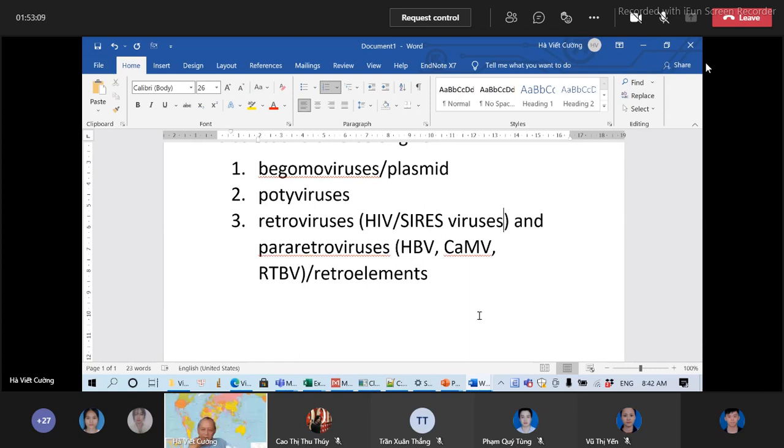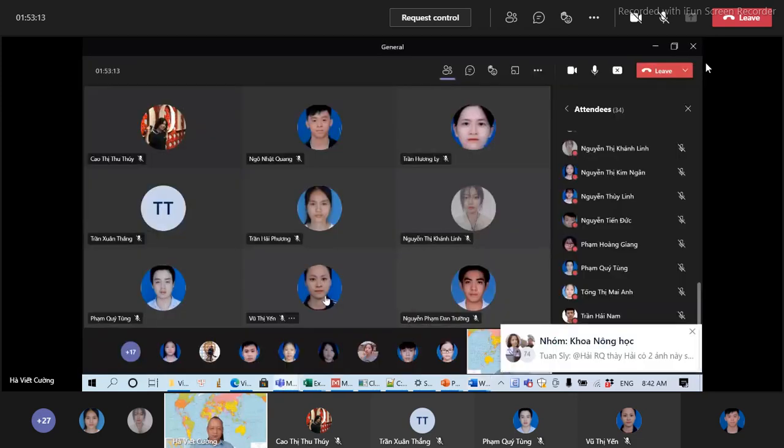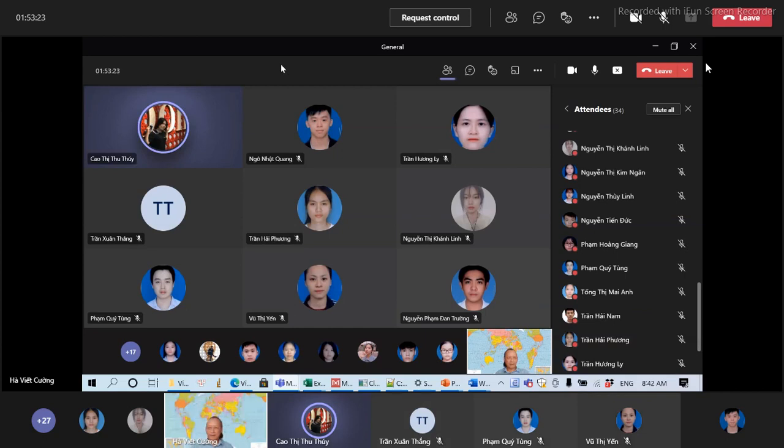Cao Thị Thúy, có nhớ không? Did Rachel remember that it is the element when reverse transcript to DNA? Yep, okay. Yep. So đi là yếu tố di động đấy.